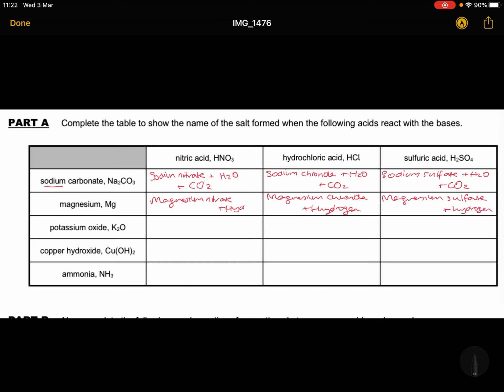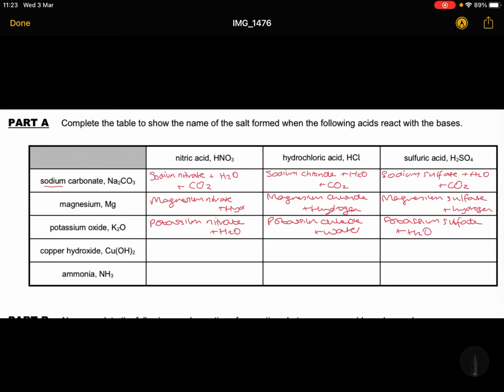Okay, potassium oxide, if you remember, will create salt and water, because you've got that oxide on there. Likewise, the copper hydroxide, which is coming up next, will also do the same. So, potassium nitrate, it's nitric acid, plus water, potassium chloride, plus water, potassium sulfate, plus water.